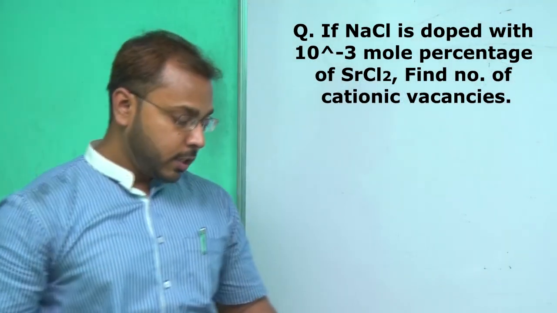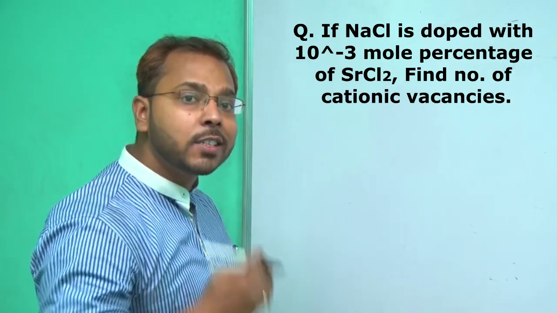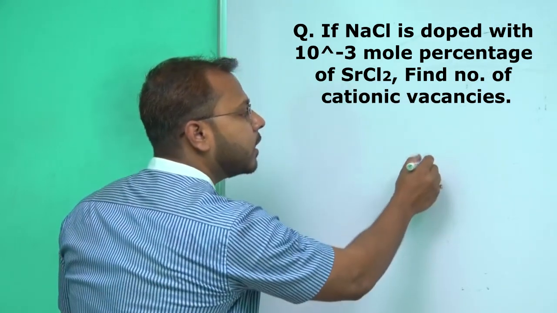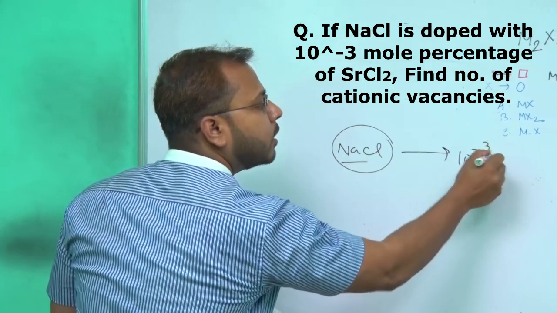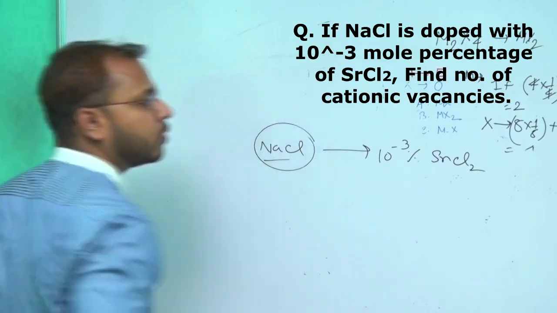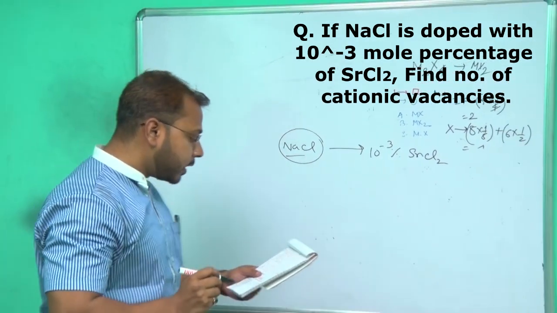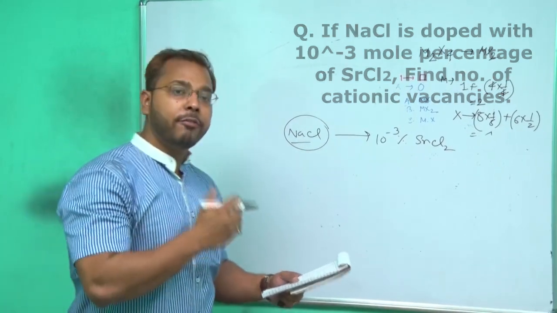Now the next question is: if NaCl is doped with 10 to the power minus 3 mole percent of SrCl2, the number of cationic vacancies is, you have 4 options.